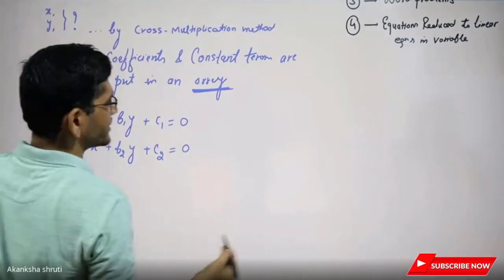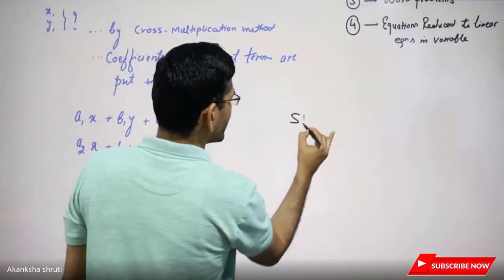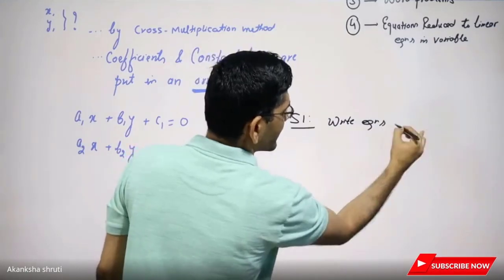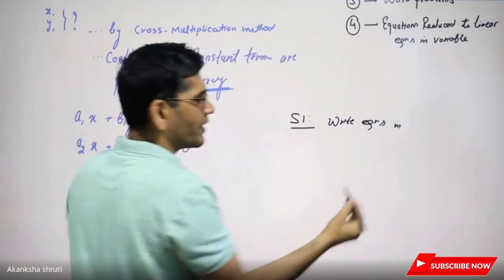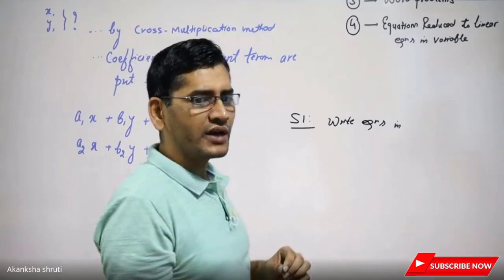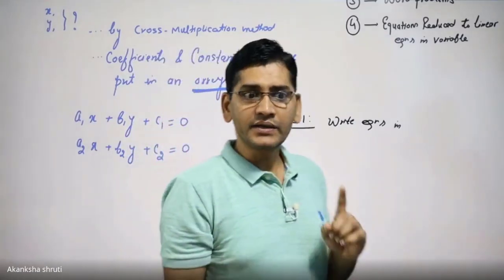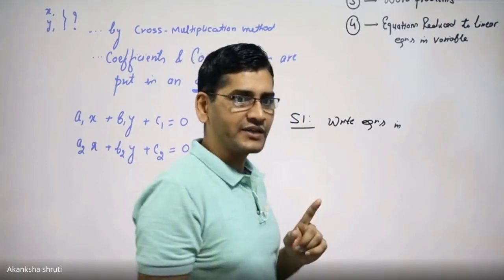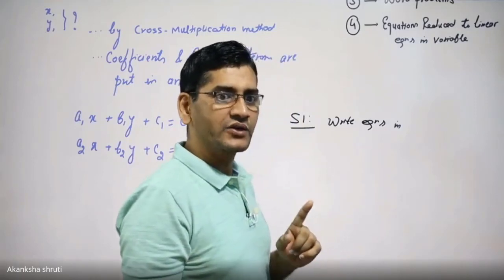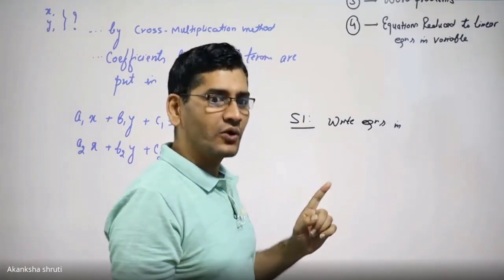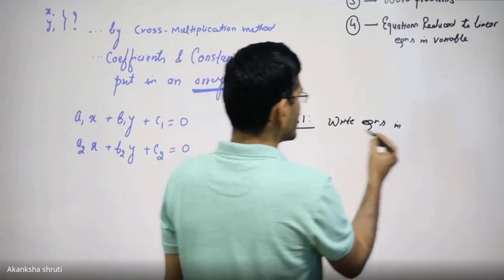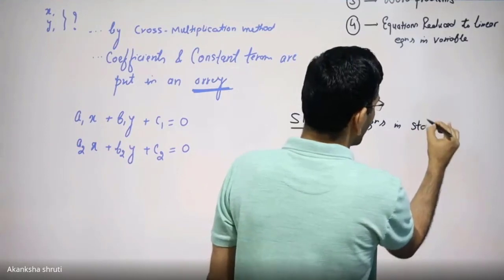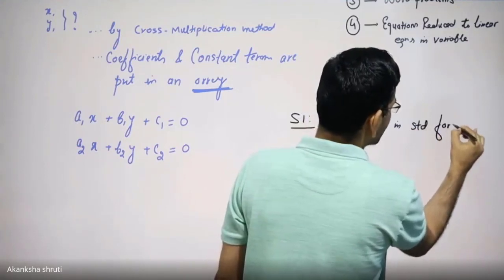So step 1 is: write the equation in standard form or general form containing both variables. Do not miss any variable. If a variable is missing, you have to write 0 as its coefficient. That is our first step.